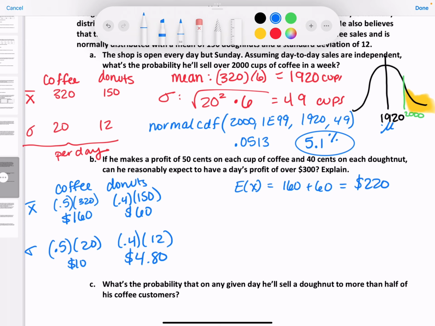So then for the standard deviation, because we're going to add them, we have to convert them to variances first. So it'll be the square root of 10 squared plus 4.80 squared, and that's $11.09.